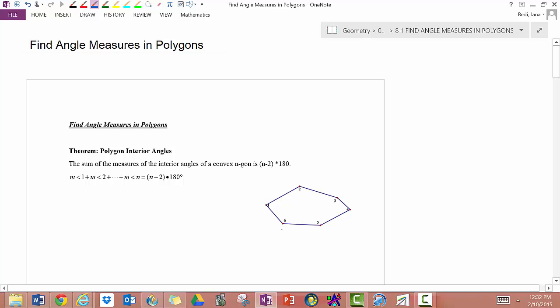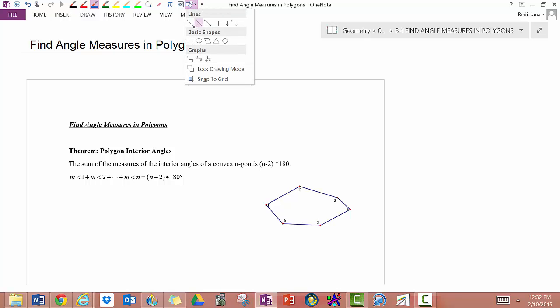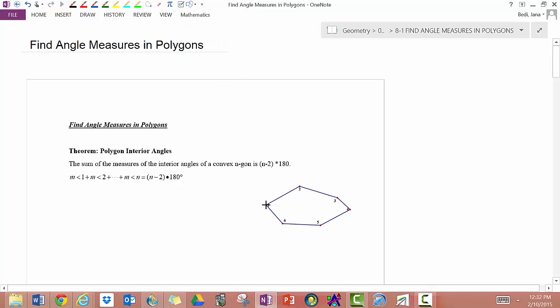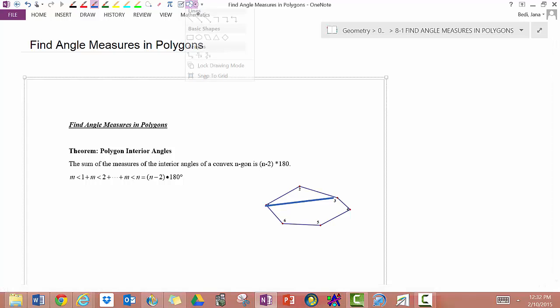This is a convex polygon, and with 6 sides, if I start drawing a diagonal, which is something that connects 2 non-consecutive vertices, so that's one diagonal.